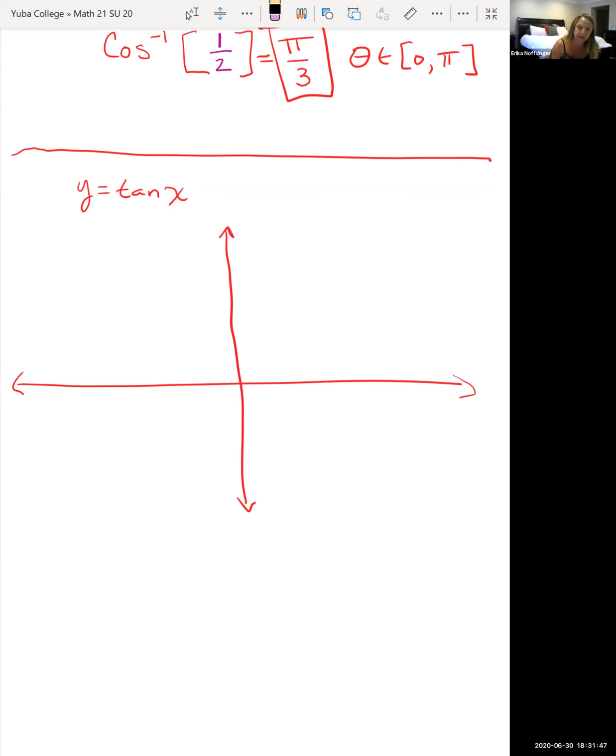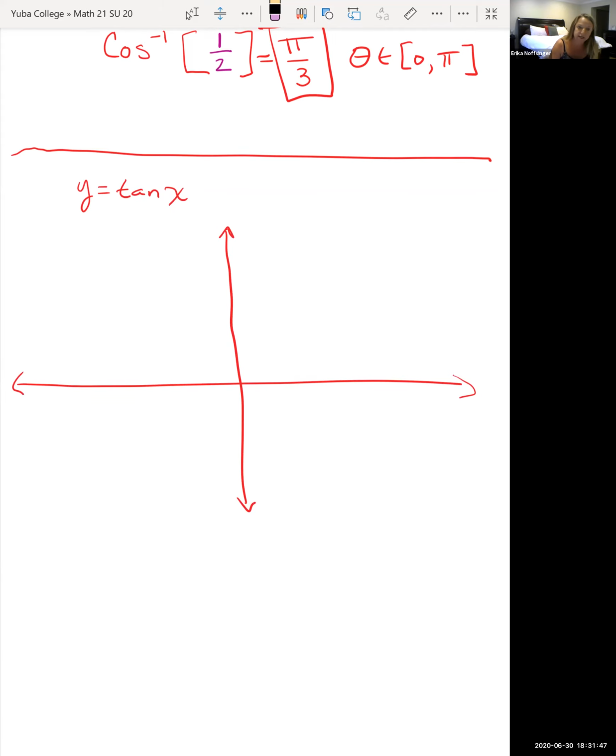Cosine of x is 0 at -π/2 and positive π/2. I had a point at (0, 0).